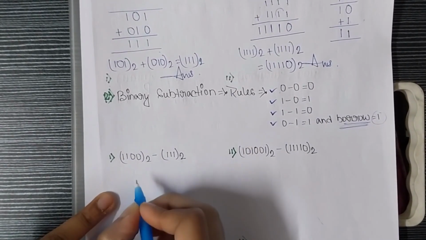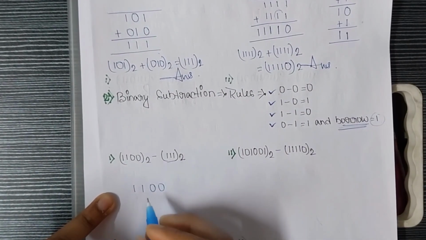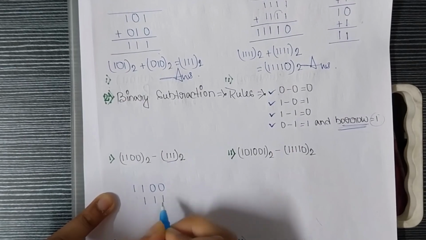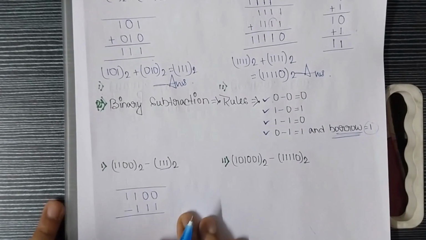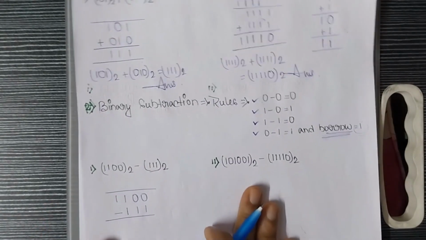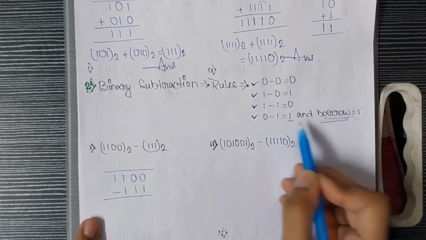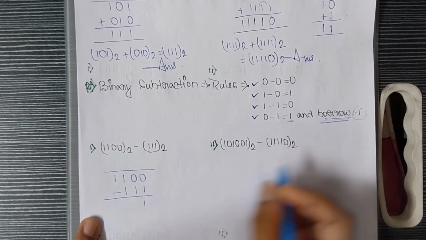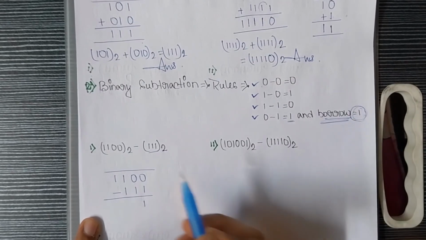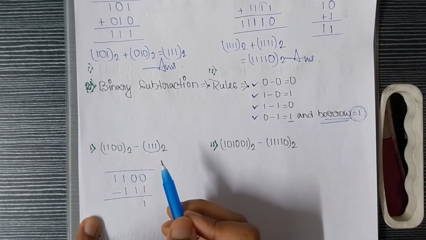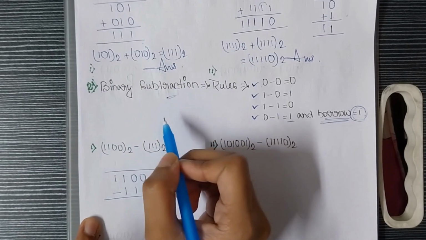The first example is 1100 and the second number is 111. The first column is 0 minus 1. So 0 minus 1 will be 1 and there is a borrow of 1. In this case we don't have to add this borrow with the next column because this is a subtraction.